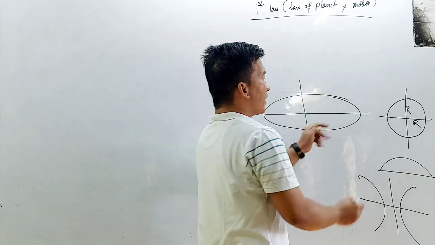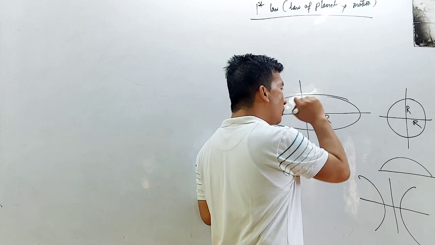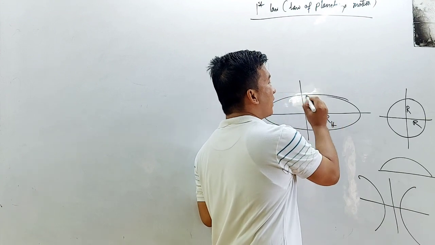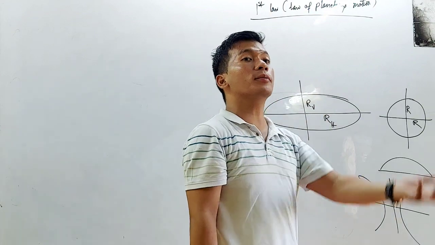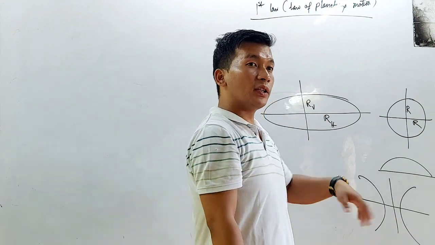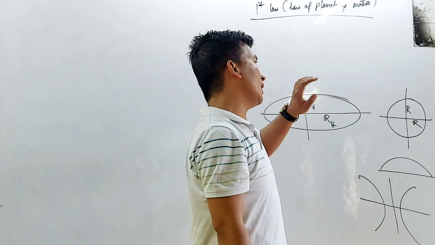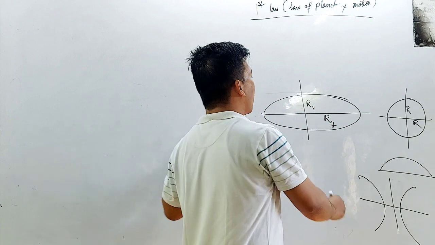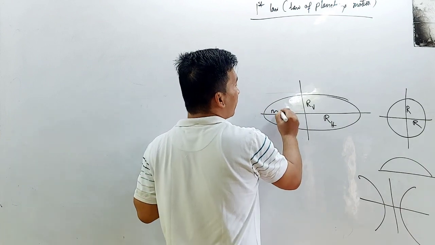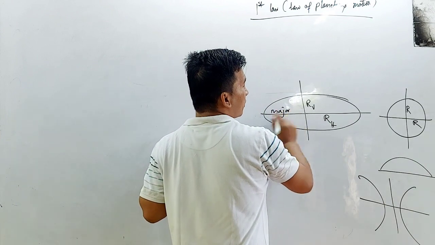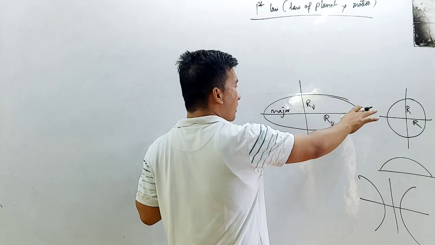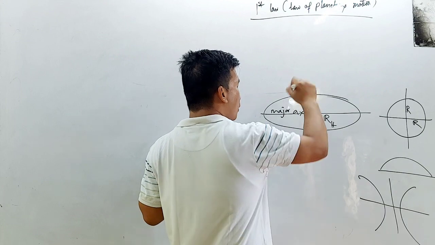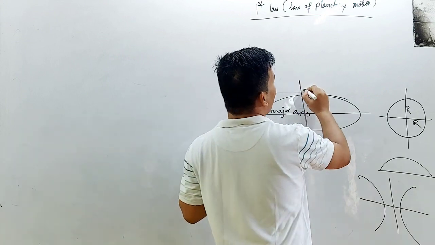The horizontal radius will be more than the vertical radius. The horizontal, longest axis will be known as the major axis, and the vertical or shortest axis will be known as the minor axis.